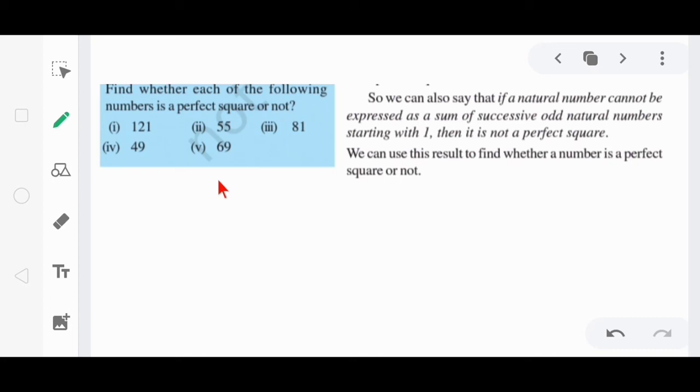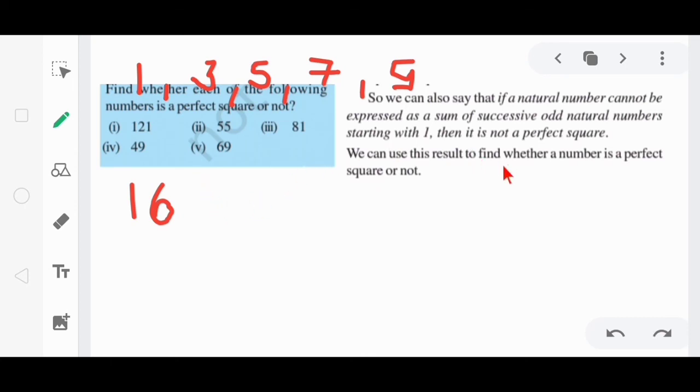Take one perfect square number, which is 16, and you have a series of odd numbers 1, 3, 5, 7, 9 and so on, and we have to check whether the number given, 16, is a perfect square number or not.